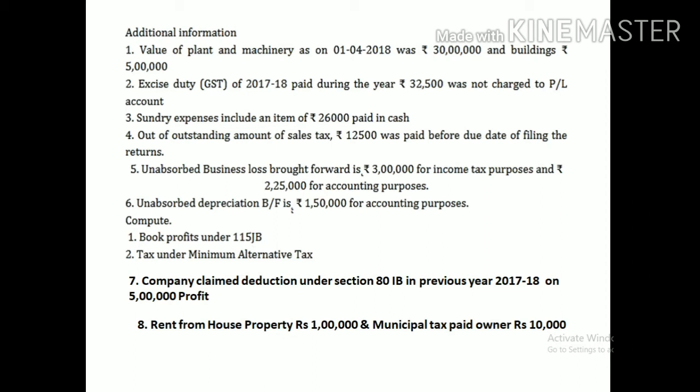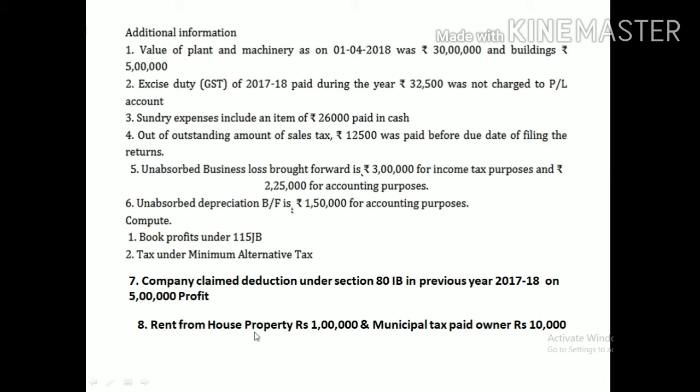Then after that go for the calculation of GTI and NTI, for knowing the total taxable income from all heads of income of the company. And at the time of calculation of total tax liability of the company, be careful, we have some adjustment here: the company claimed deduction under section 80IB in the previous year 17-18 on 5 lakh of profits.